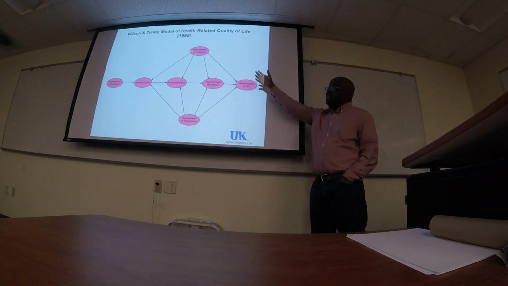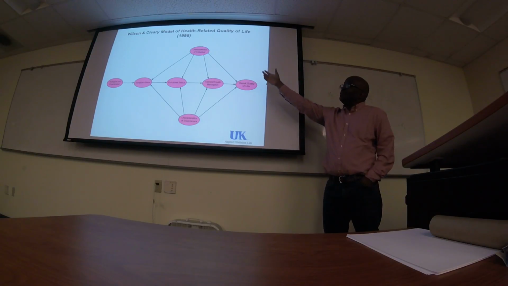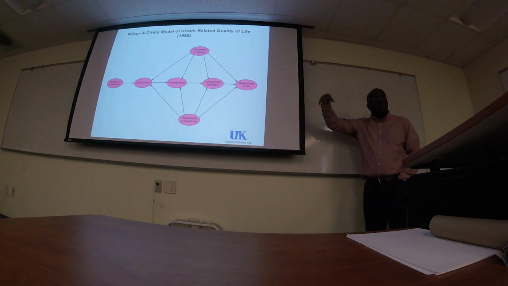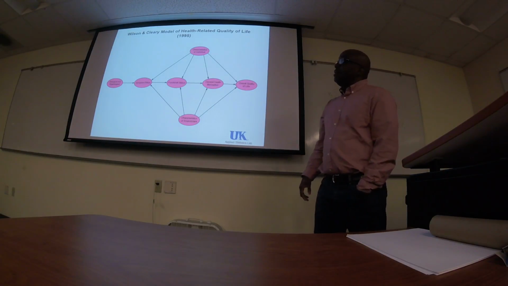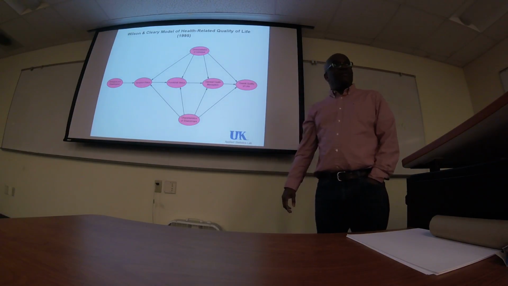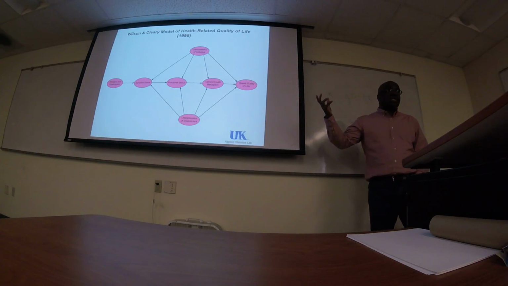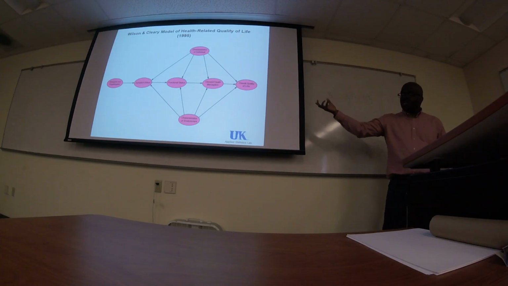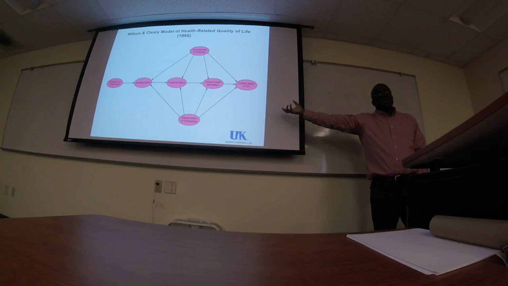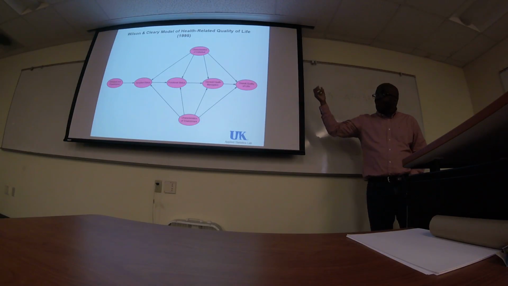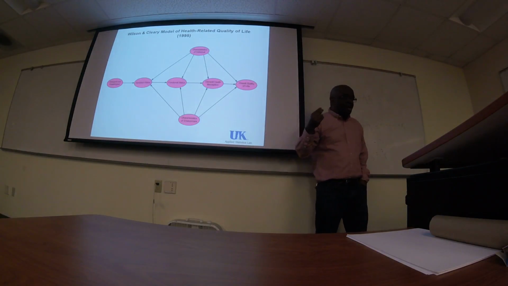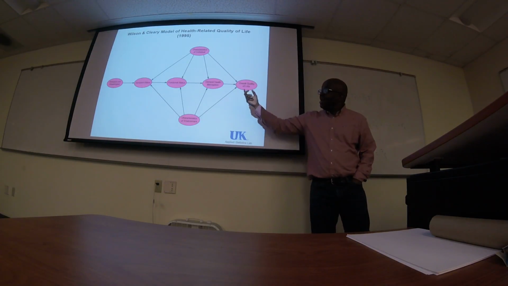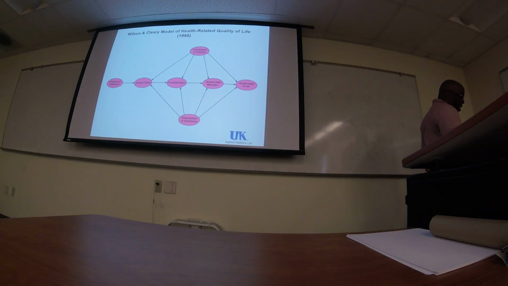But this is a model that is used by people that work in the topic of quality of life. This is a famous model that people try to reproduce, that exists in the literature. Then you can take this model and collect data or find data in order to see how you can estimate it with your data.